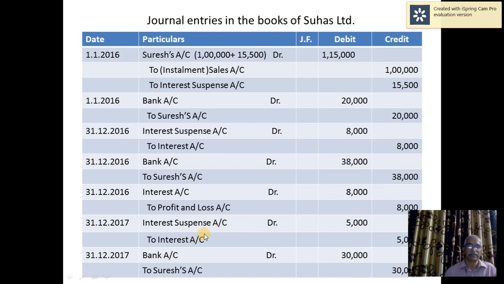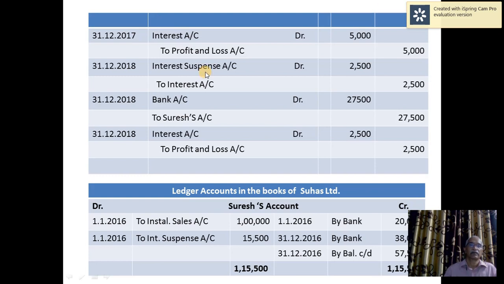So interest is transferred from interest suspense account to interest account. Then we are receiving the second installment, bank account debit to Suresh account. Then interest account is closed by transferring that to profit and loss account.